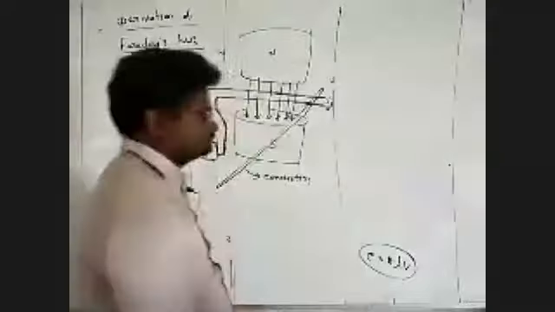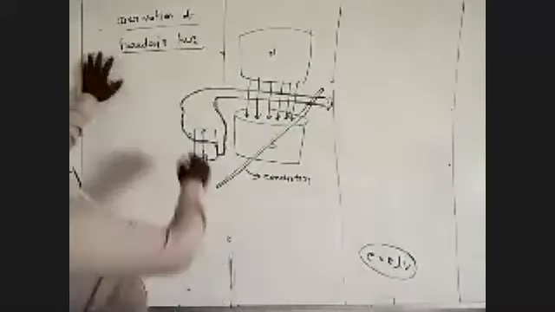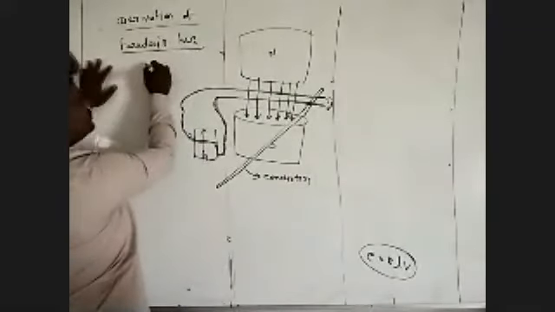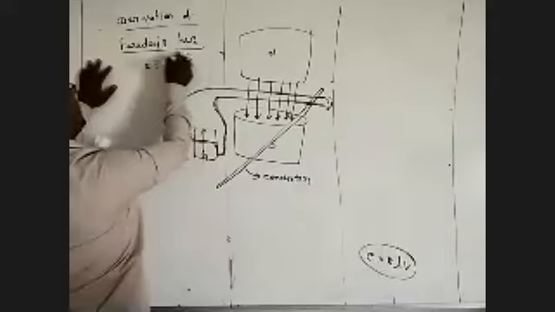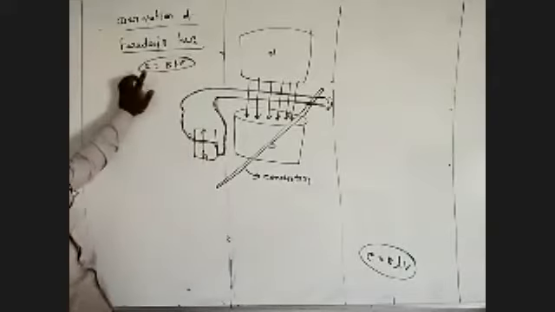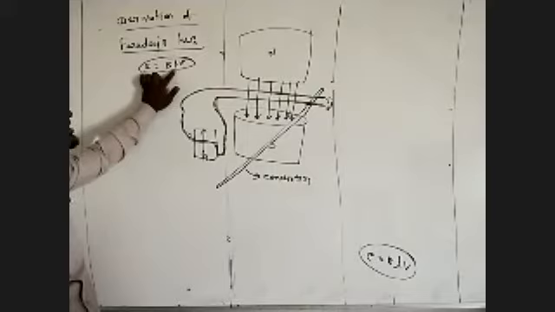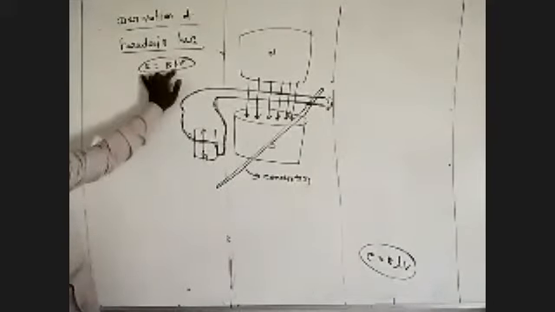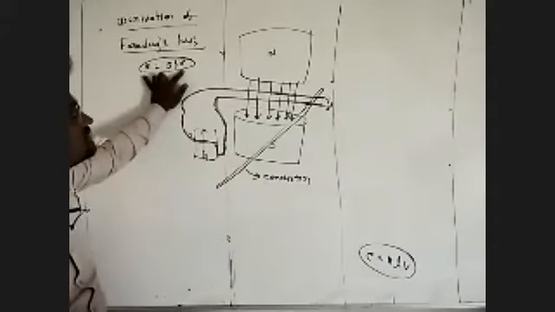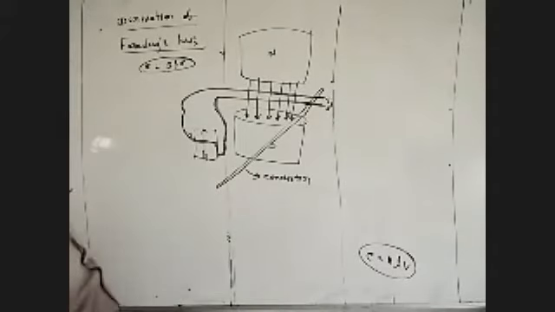Finally, we have to prove the derivation of Faraday's law, E equal to BLV. E means EMF, B means magnetic field, L means distance between the two parallel conductors, and V means the speed, the velocity of the conductor.